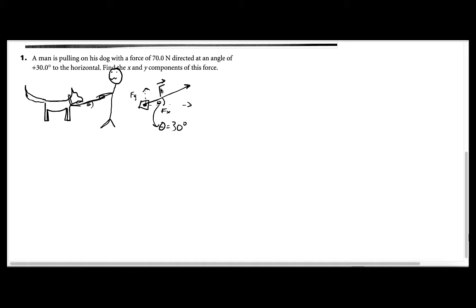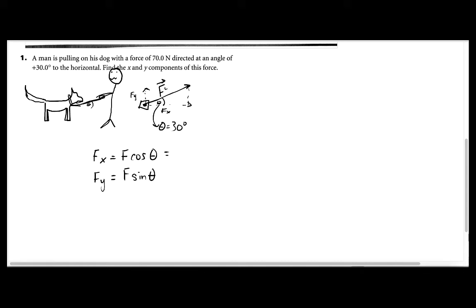So to break this vector down into its x and y components, the x component, since it's adjacent, is going to be f cosine theta. And the y component, since it would go over here, and that's opposite of our angle, that's going to be f sine theta.